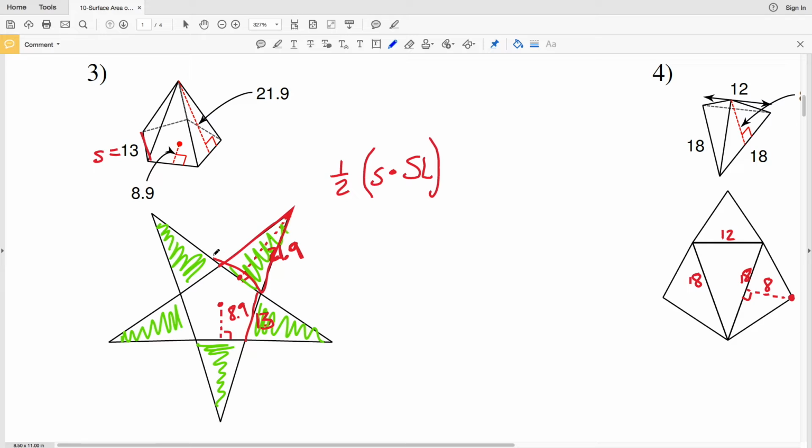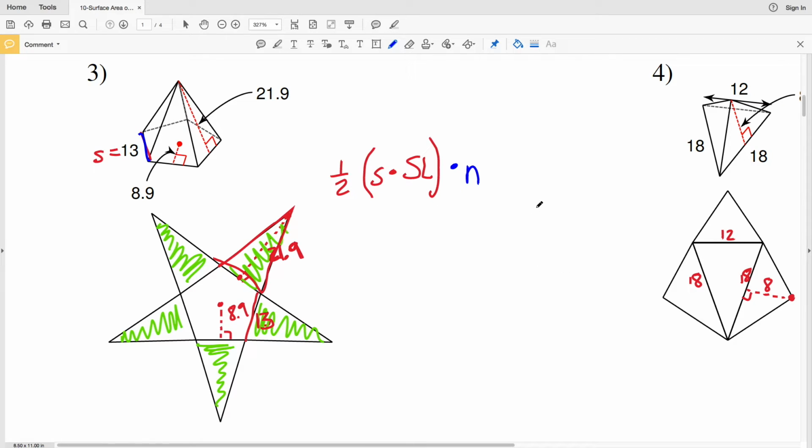However, we want the area of all 5 triangles. Since those triangles are congruent, we multiply by 5, the number of triangles, which is the number of sides N of our pentagon. So 1/2 times the side length times SL times N.